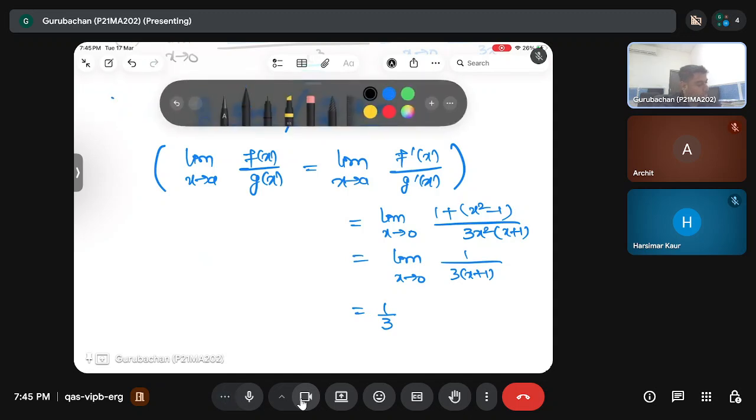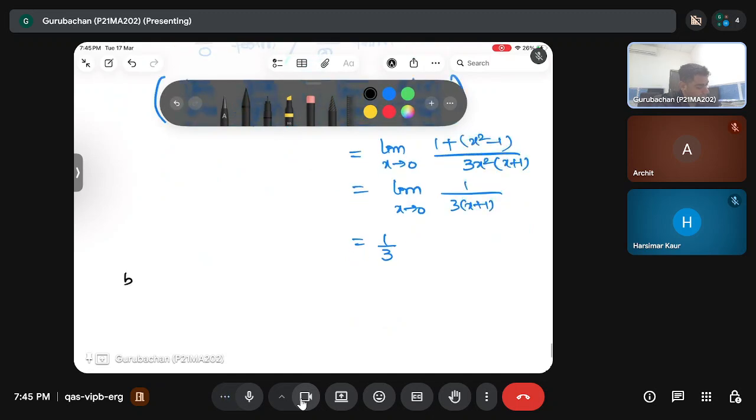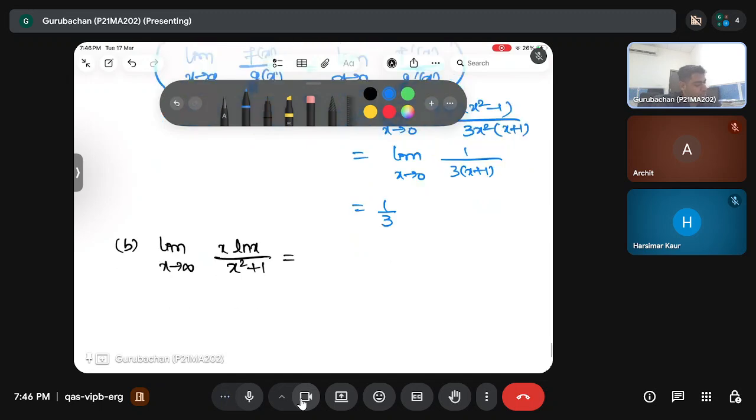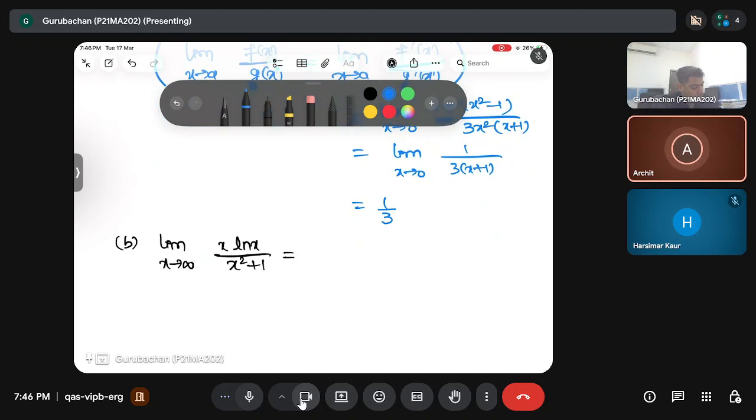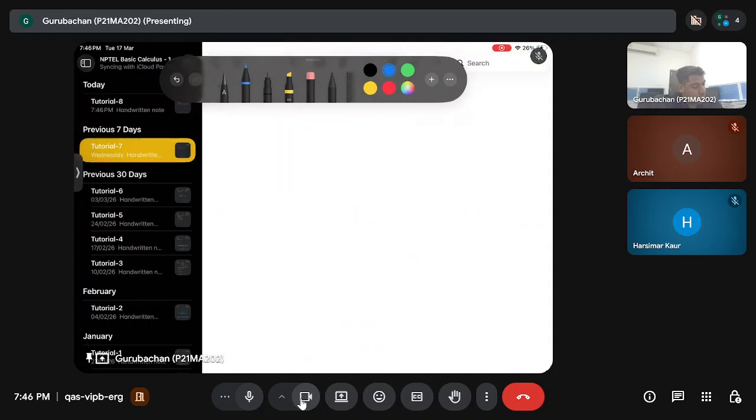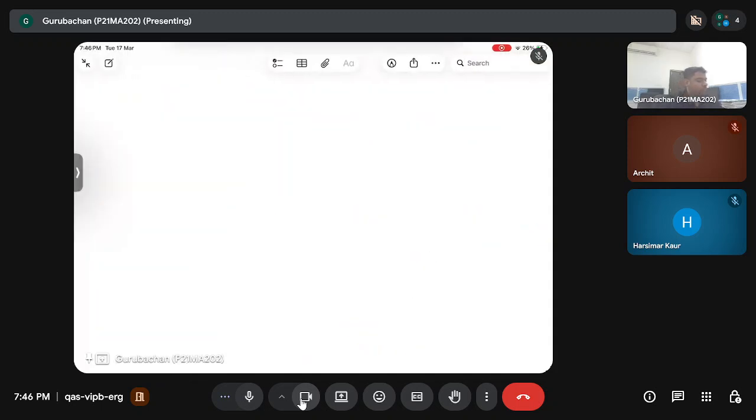So now the next one is a different version of this L'Hopital rule, limit x tends to infinity of x ln x divided by x square plus 1. So which kind of form is this? Infinite by infinite. So this is infinite by infinite form. So how will we do that?